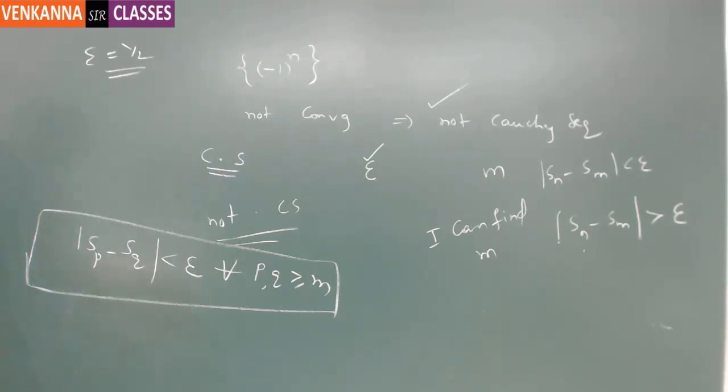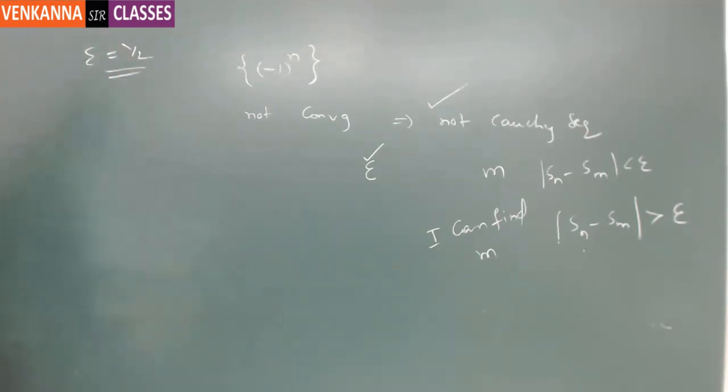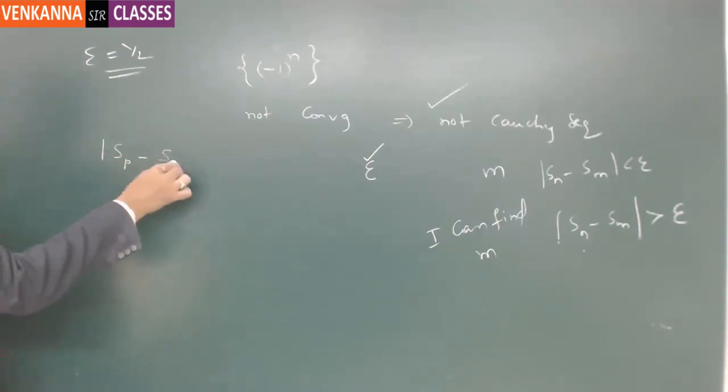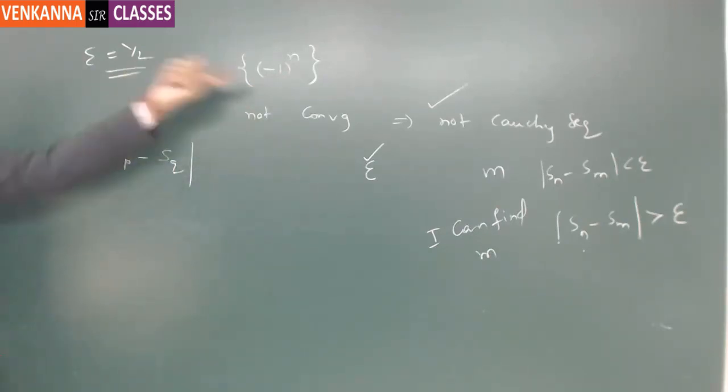Yeah. So let us go for it. I am considering Sp minus Sq. P stands for term number P in the sequence, Q stands for term number Q in the sequence.